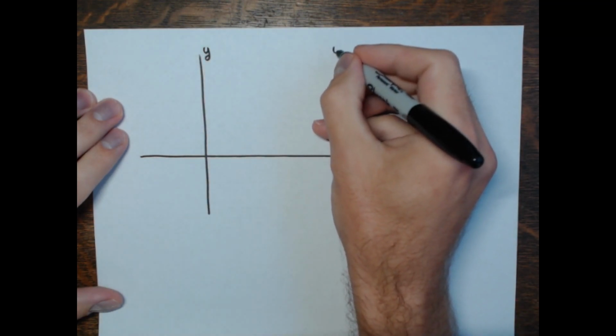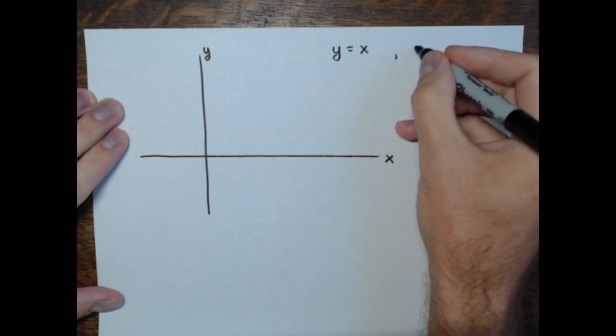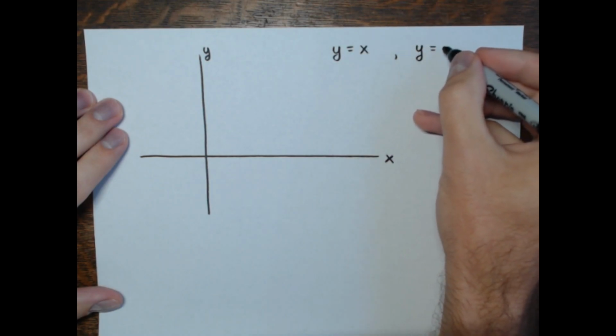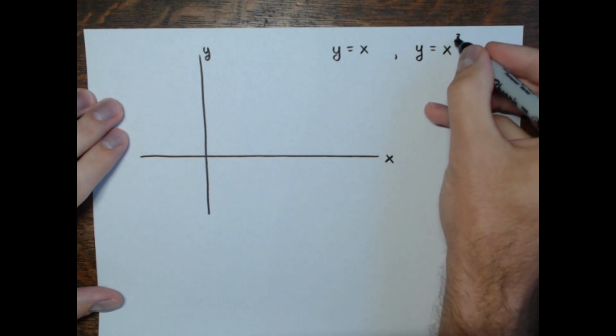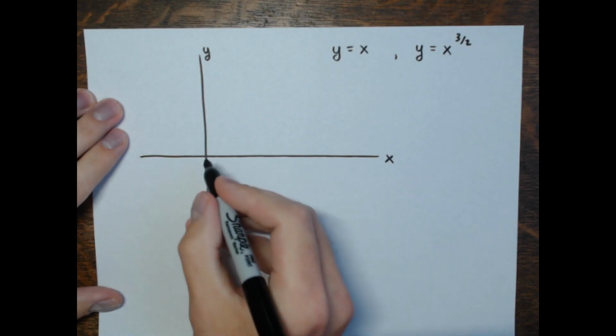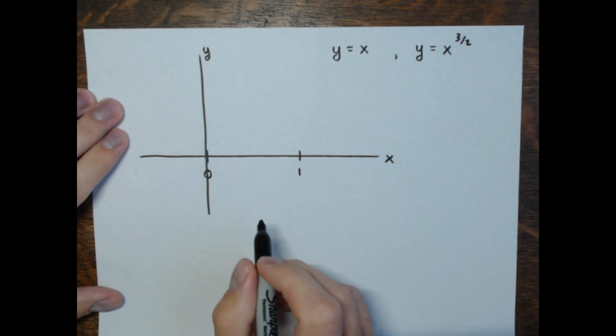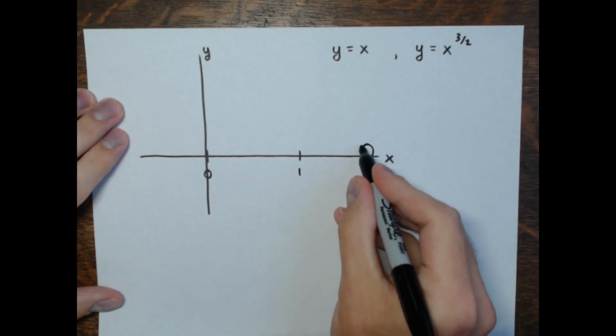So the curves given this time are just y equals x, f of x equals x, and g of x, or y, equals x to the 3 halves. And between x equals 0 and x equals 1 and the x-axis, rotating around the x-axis again.